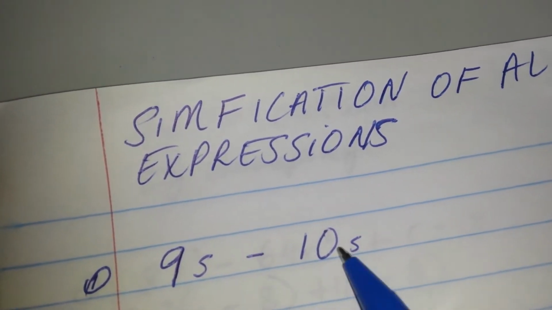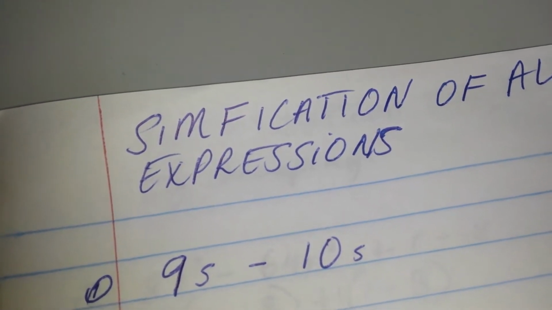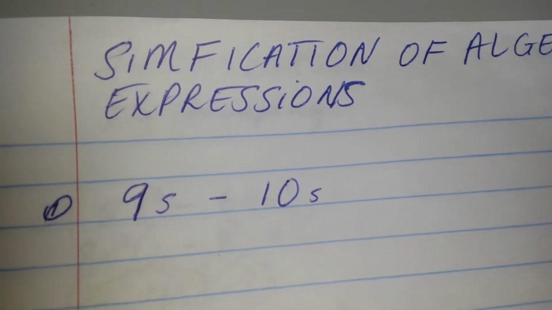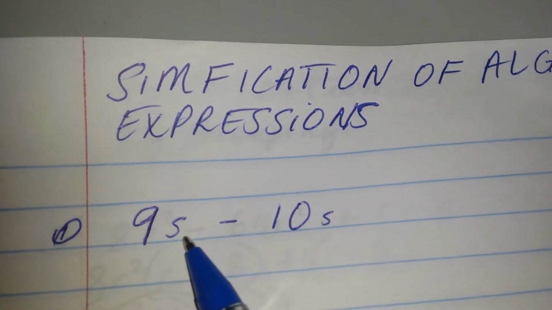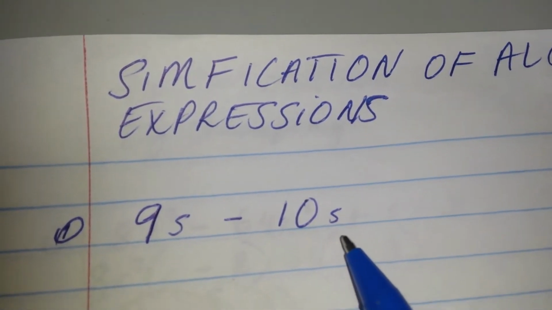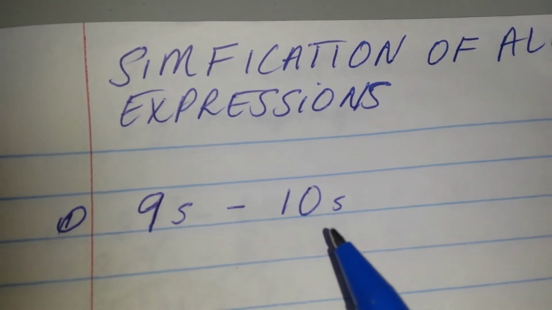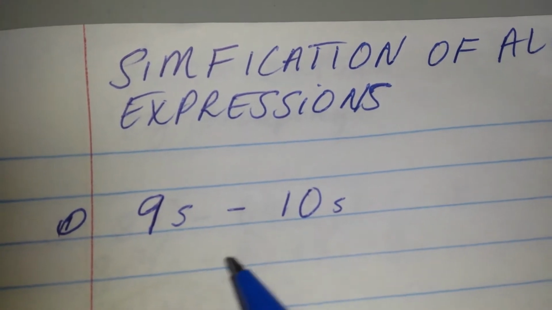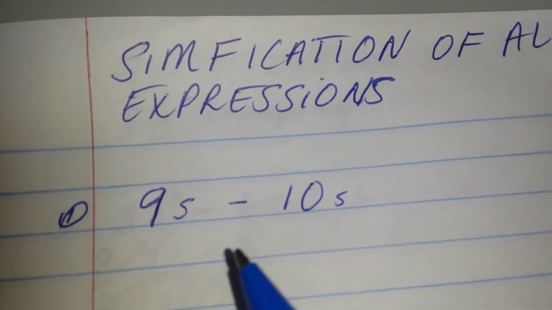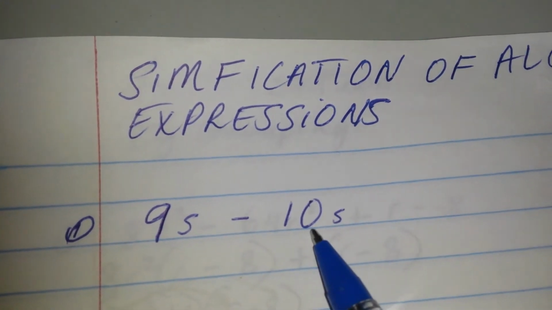Well, if they don't have any variables, no problem. 9 minus 10, right? For instance, if this was 9t minus 10s, this cannot be simplified further at all, right? So it stays as is. But because they are like terms, they can be simplified. Okay, so 9s minus 10s.